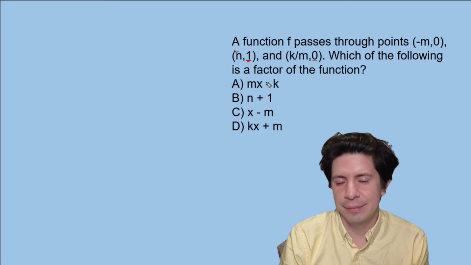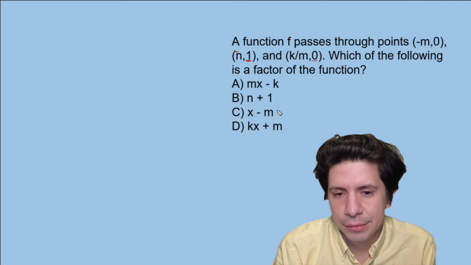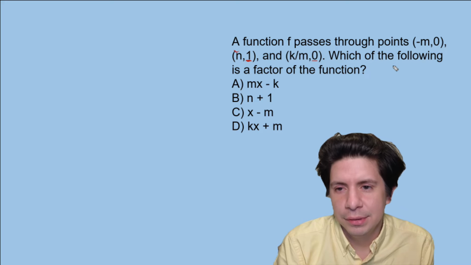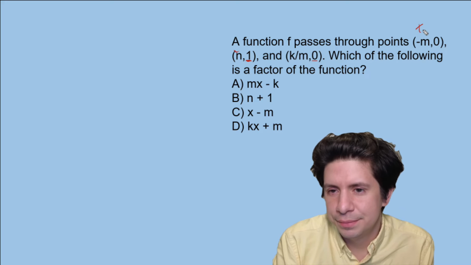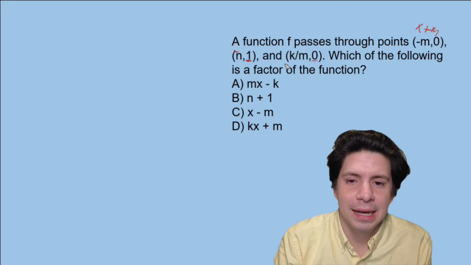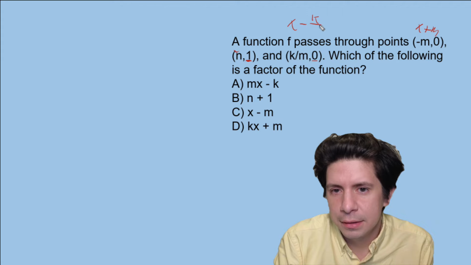So we're not going to worry about this m plus 1. Let's look at our answer choices. mx minus k, x minus m, kx plus m. So if it had been x minus m, this would be x plus m. This one can't even give it to us. And then this one would be x minus k over m.